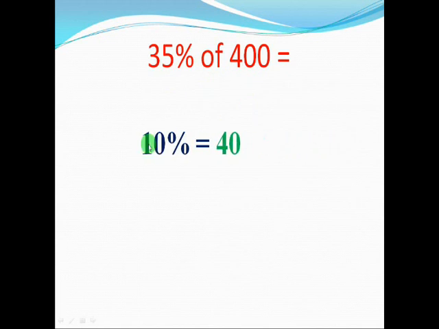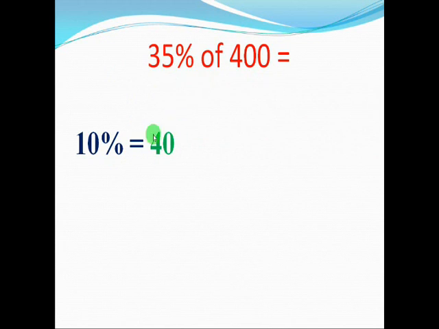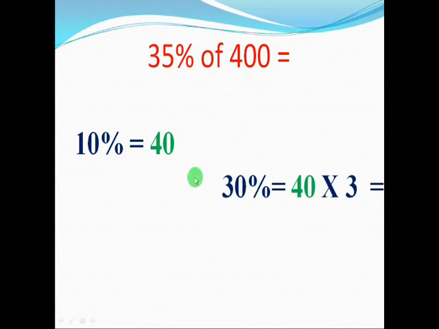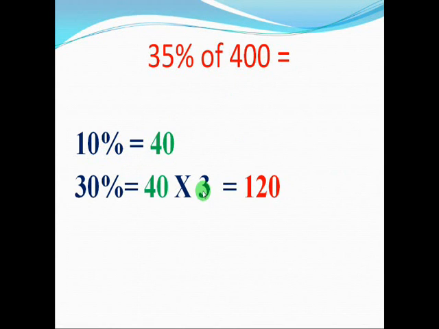Firstly we calculate 10% of this. 10% of 400 is 40, and next 30% of this value is equal to 3 into 10%, that is 3 into 40. The value will be 120, and next we still have 5%. As 10% is equal to 40, 5% is equal to 20.